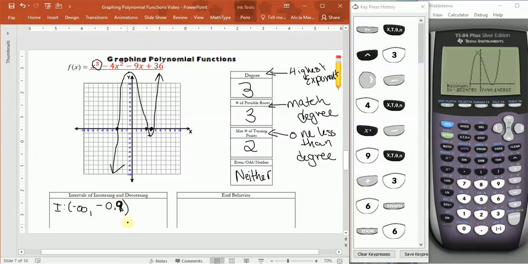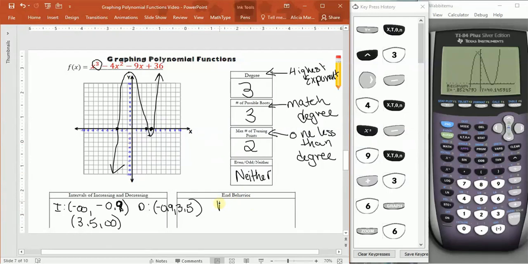And then I also am increasing from 3.5 to infinity. And then I am also decreasing from negative 0.9 to 3.5. So that's why these numbers are important. It's for our intervals of increasing and decreasing. That's why we're trying to find our maxes and our mins to the best of our ability using the calculator.